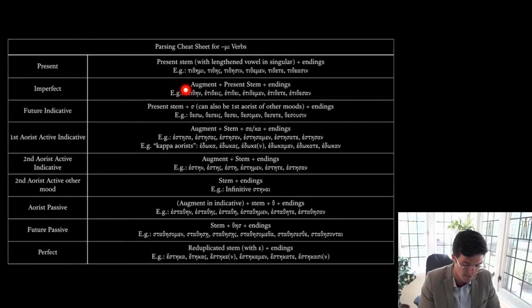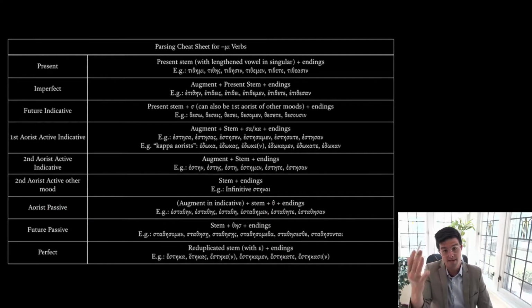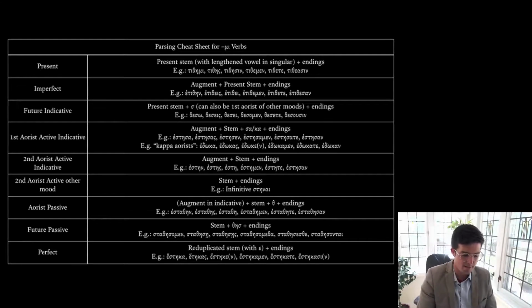So in the imperfect, you're going to get an augment. That's also going to be the case in the other past tenses of mi verbs, namely the aorist here. Notice right here we have a theta again of the passive, just like we do in the omega conjugation. So all of this is to say you're going to see a lot of similarities between mi verbs and omega conjugation verbs as to how they're formed.